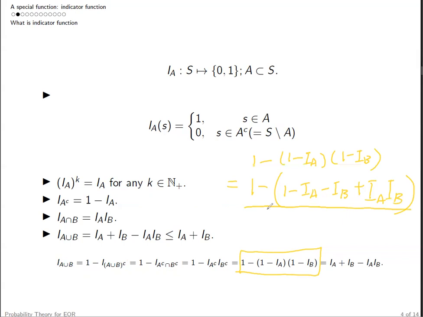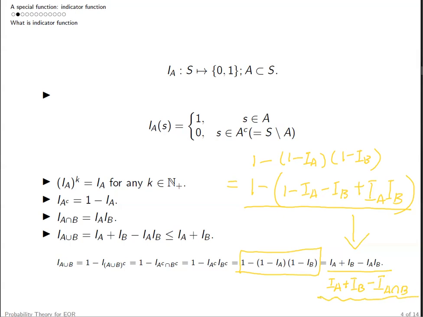Now, if we remove the brackets and change the sign of the plus and minus, one cancels the other, and what's left is the final result. Of course, we can also rewrite this final result as IA plus IB minus IA IB. By applying the third property, we know the product of IA and IB is equal to I given the joint set of A and B.